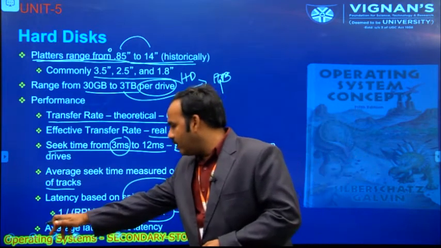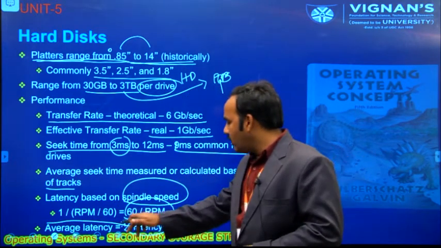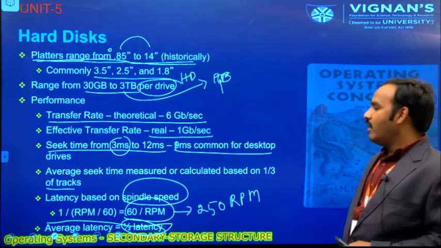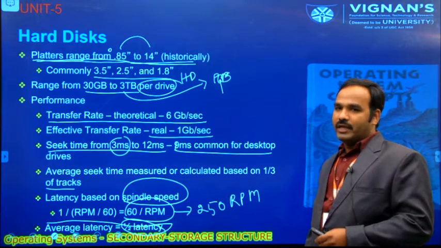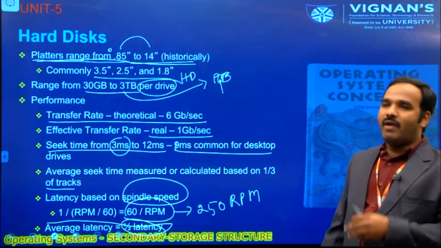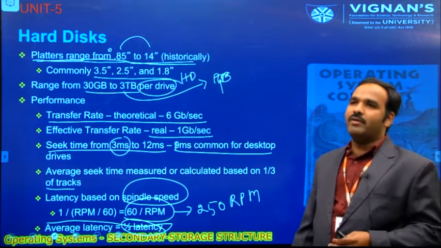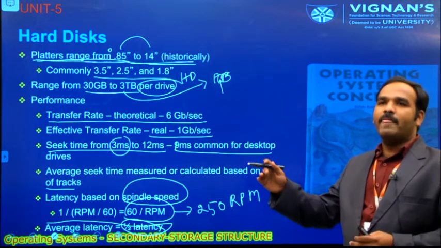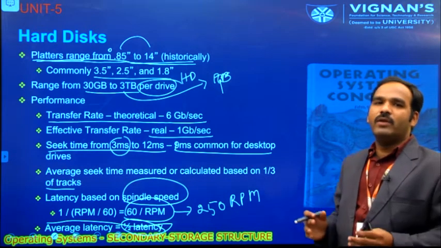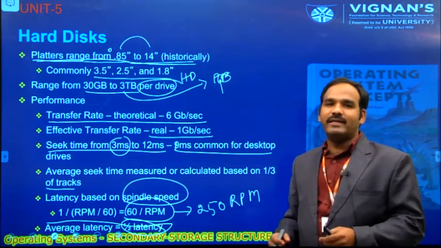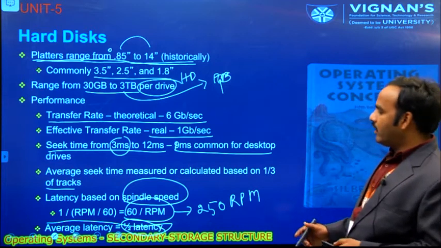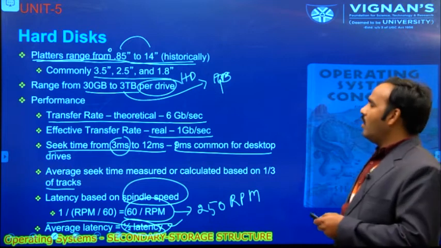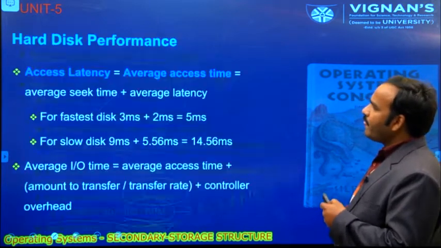In most cases, the average latency is 1/2 latency, half of the rotation. Why? Because whenever you want to find the track, in most cases when you spin the platter, within half the time you can find the desired track. So the average latency is half of the latency.